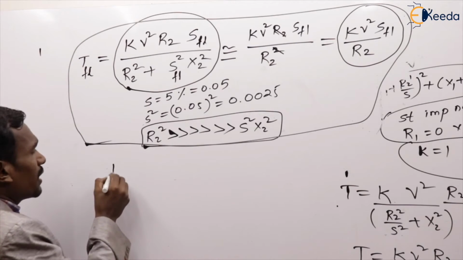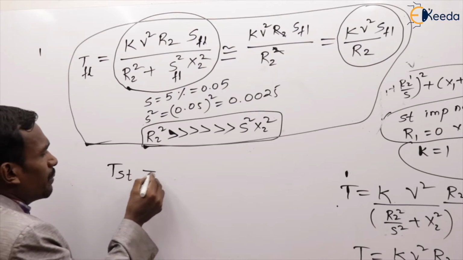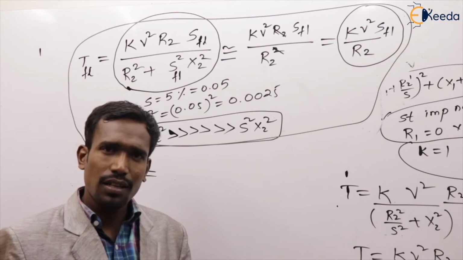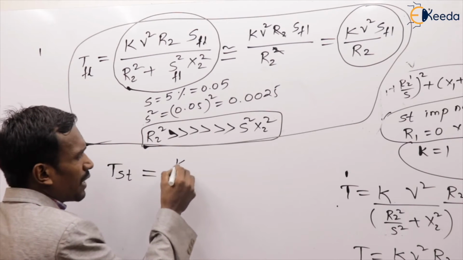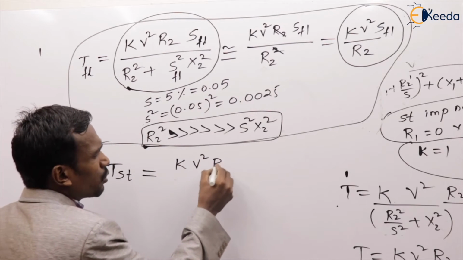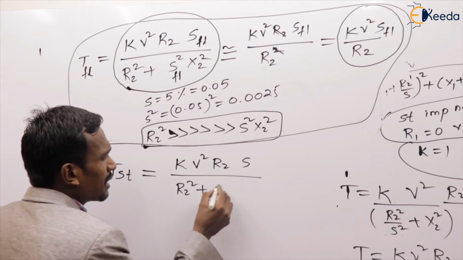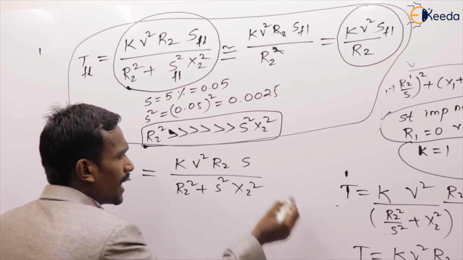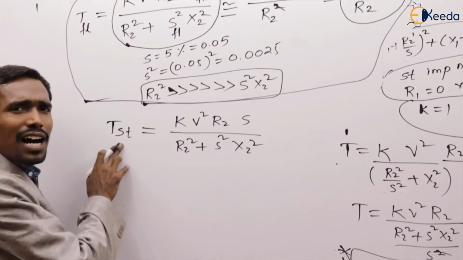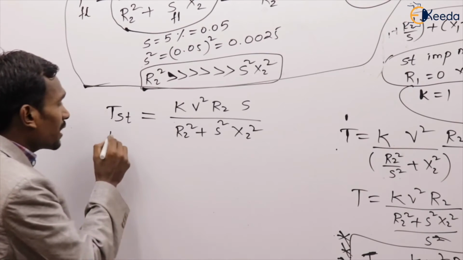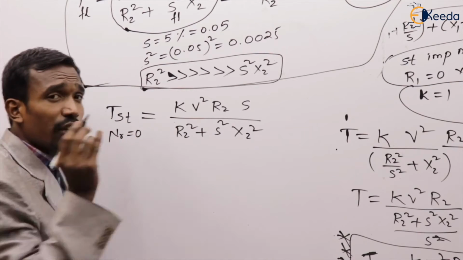Now I want the starting torque. Can you tell me how we can derive the starting torque? The full load torque formula is K V square into R2 into S by R2 square plus S square X2 square. But now I want the starting torque. At starting, NR is equal to 0.